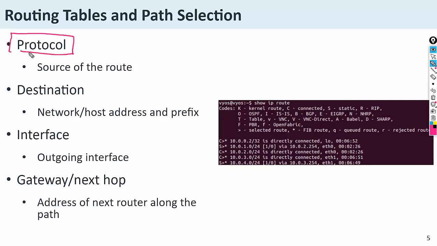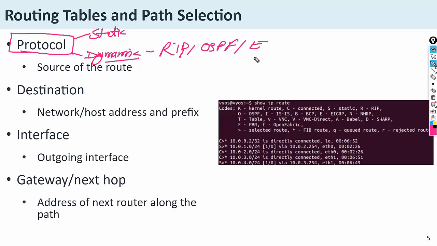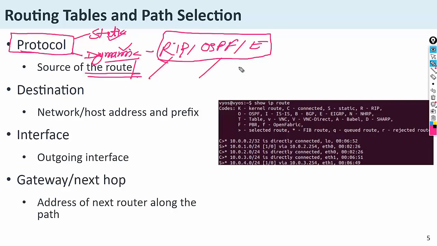Which protocol is used means, in routing, static routing or dynamic routing is there. If dynamic routing is there, then which protocol is used? Protocol means RIP, OSPF, EIGRP, EGP, or whichever type of protocol is used. That is, what is the source of the route: it is static or dynamic, and if dynamic, which protocol is there?